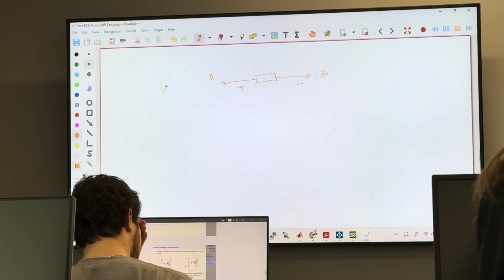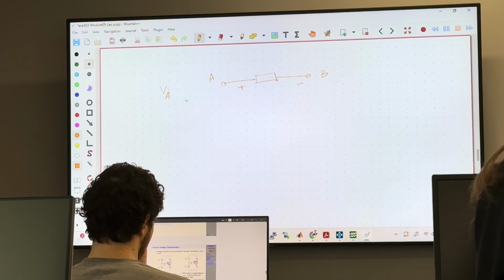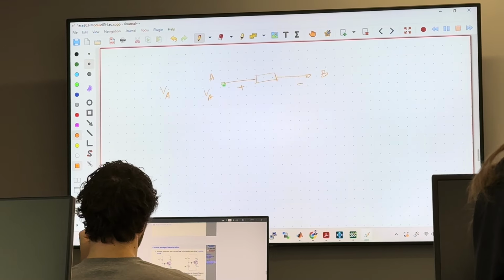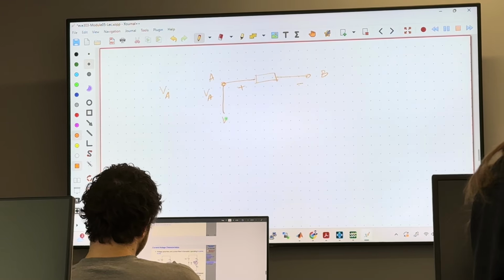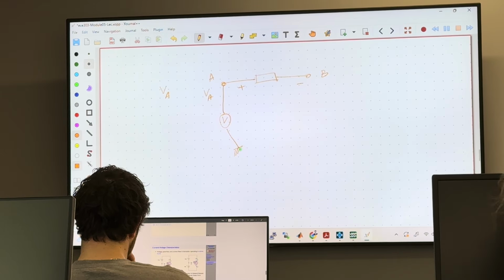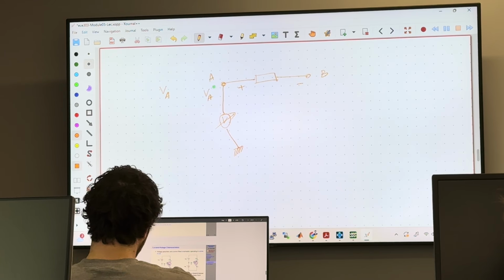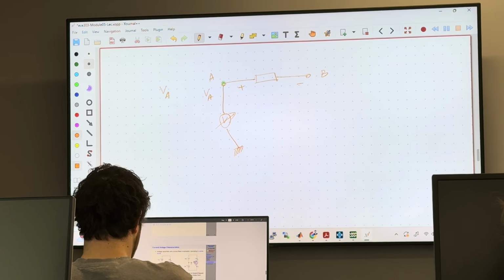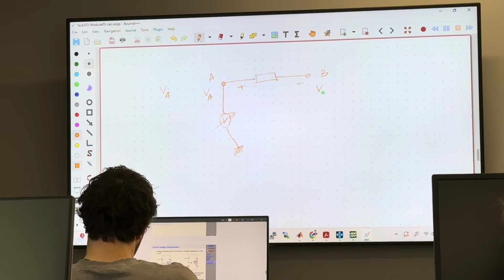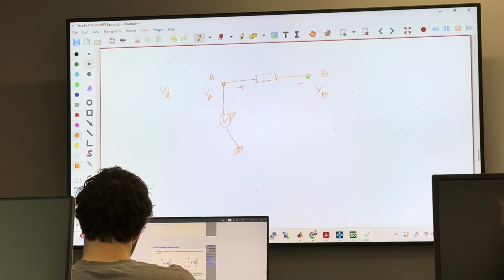When I say voltage VA, the voltage of this terminal, it means that you take a voltmeter and you measure the voltage of this terminal with respect to ground. This is your VA.